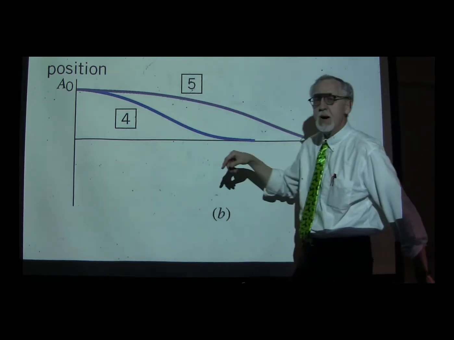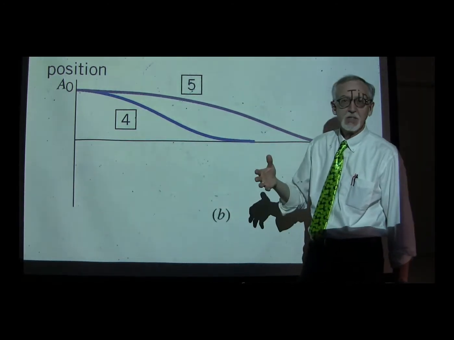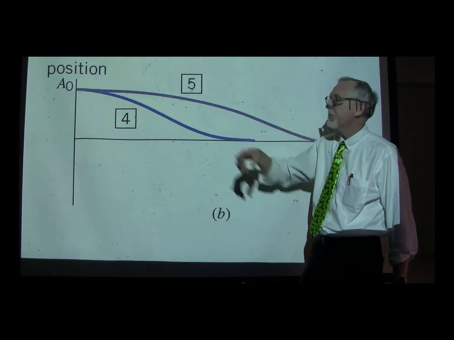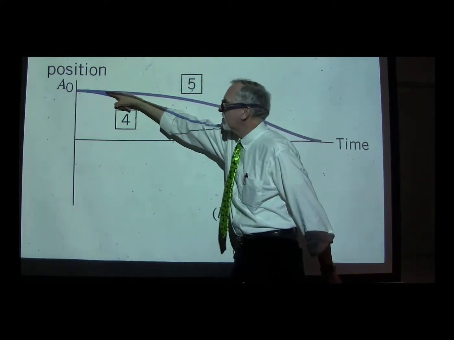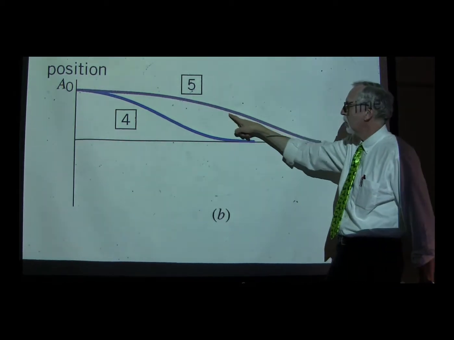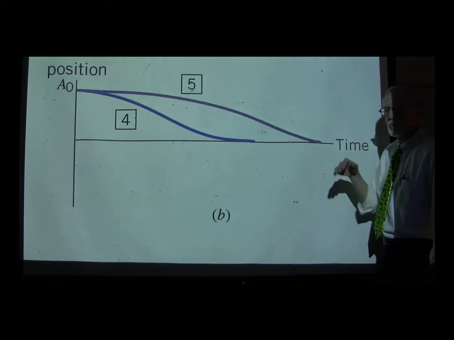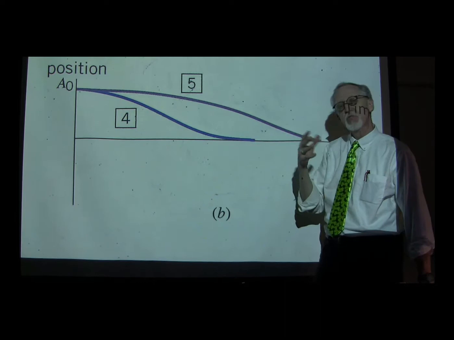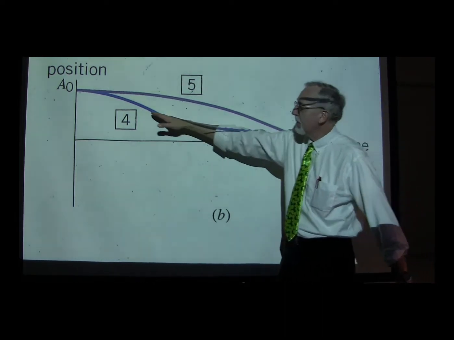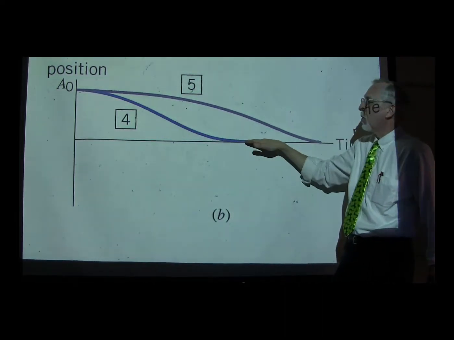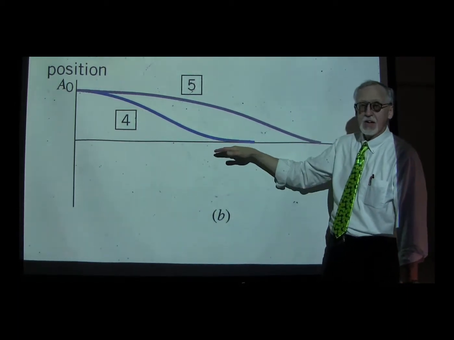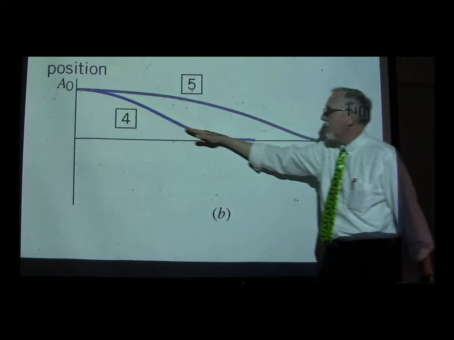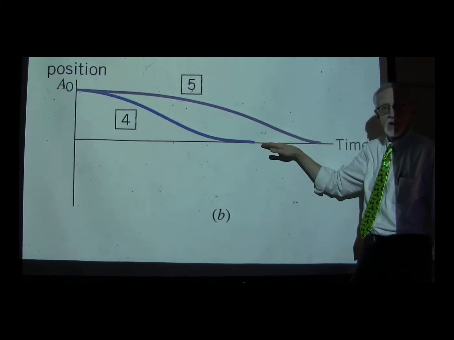If it's overdamped, it very slowly returns to equilibrium. But right in the middle, so to speak, there's an amount of damping that is represented by curve 4 that we call critically damped. There's no oscillation, but it returns to equilibrium in the shortest amount of time possible.